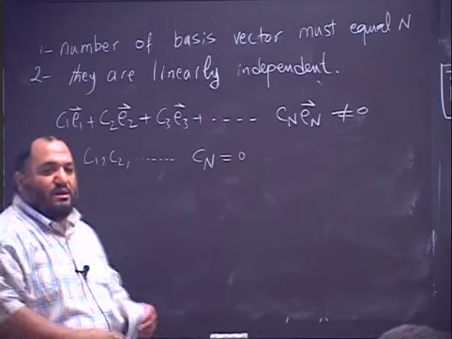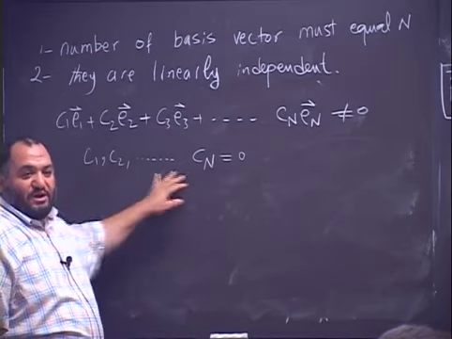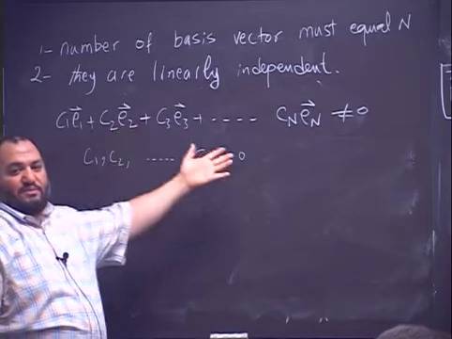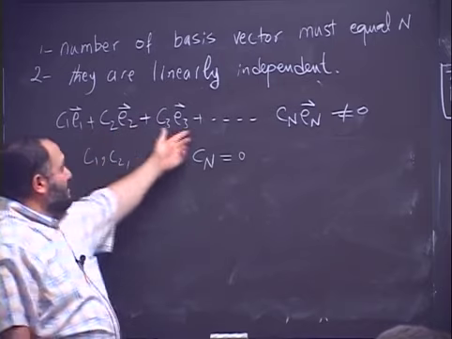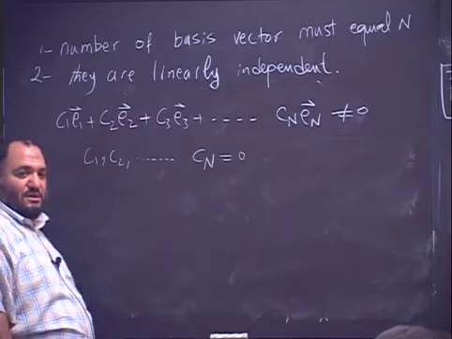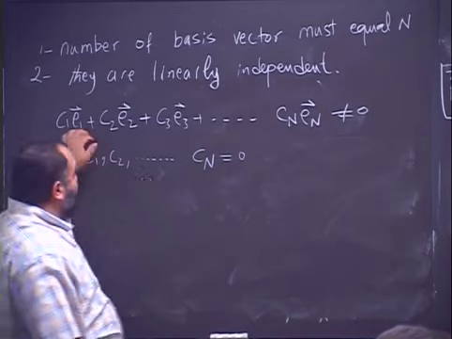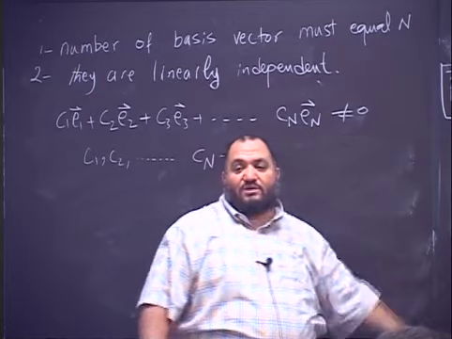Why? Because if all of them are equal to 0, this is the trivial solution. 0 multiplied by anything is 0. But any one of them can be equal to 0.